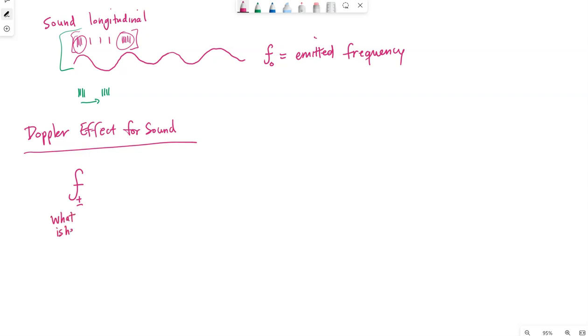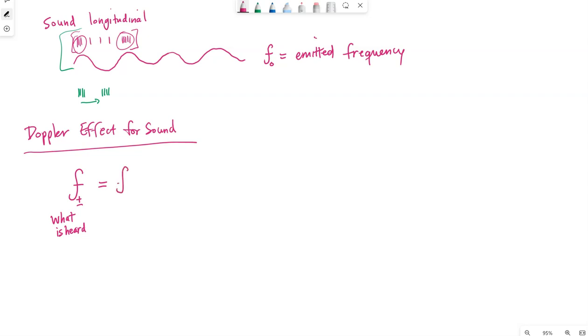So what is heard because of the motion? Whoever the observer is, that f plus minus represents either the higher frequency or lower frequency that is heard because of the motion. That's what that plus minus means. We either hear something higher or a frequency that's lower simply because of this motion.